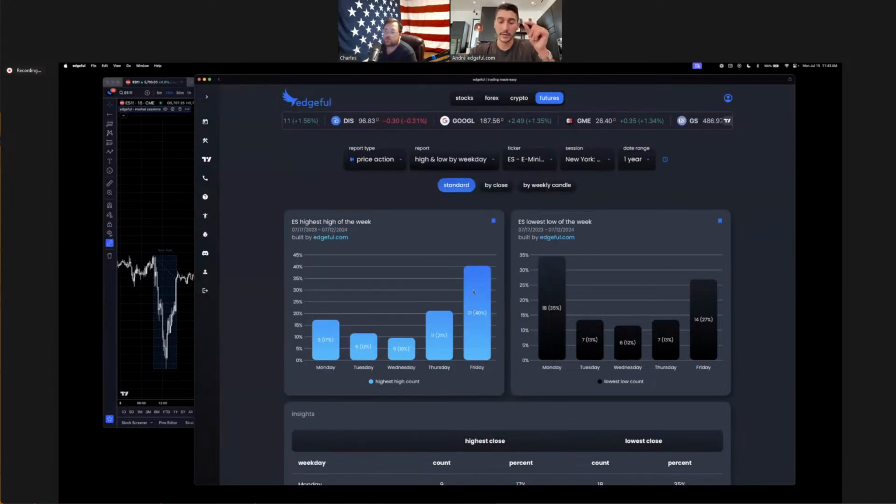This high and low by weekday report tells you what days of the week tend to make the high of the week, in this blue area, and what days tend to make the low of the week, in this black area. I'm going to focus on the highest points of the week for now. In the last year, the high of the week, 40% of the time has been on a Friday, and 21% of the time on a Thursday.